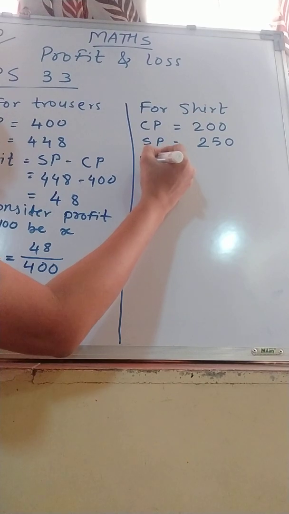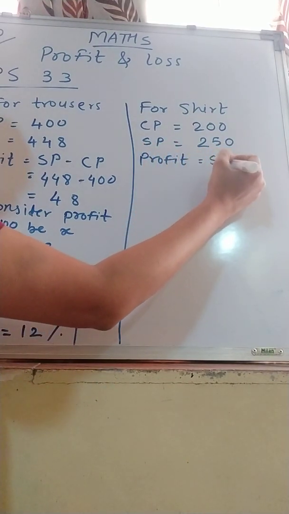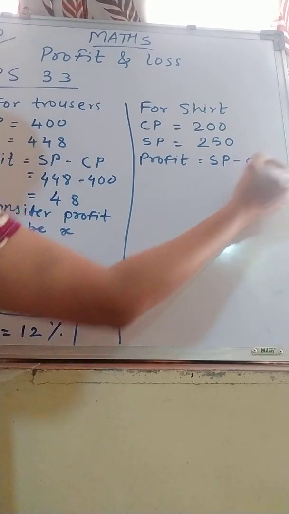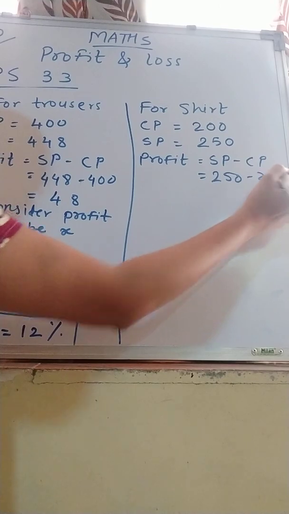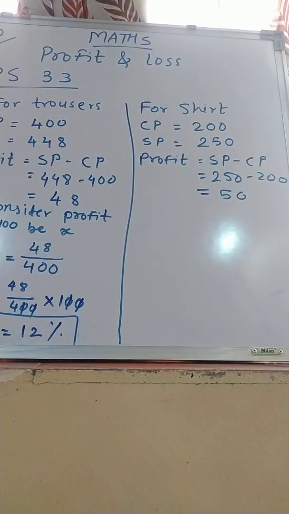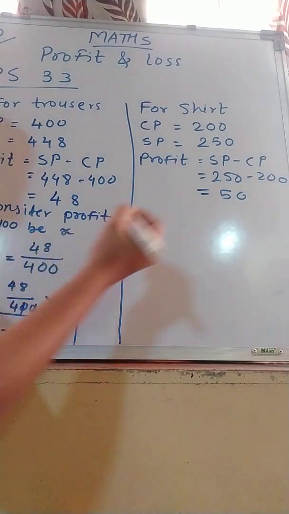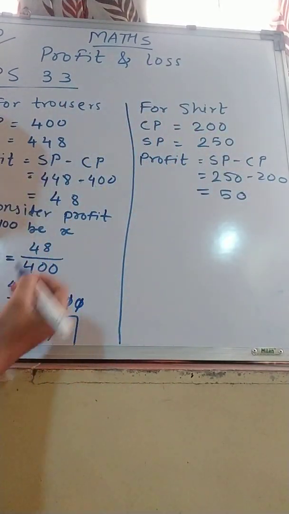Find out the profit. Profit is equal to SP minus CP. 250 minus 200, right? So your profit is 50, right? 50 rupees. Now this 50 rupees is on 200.